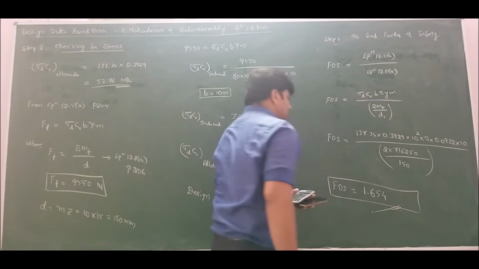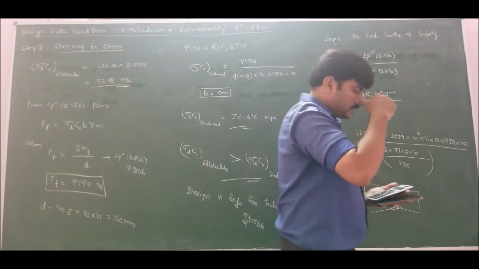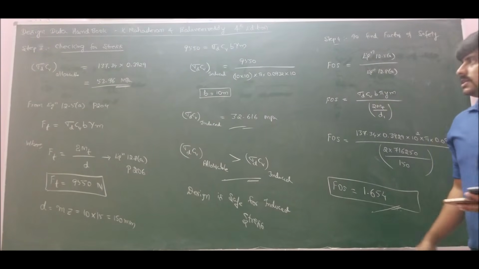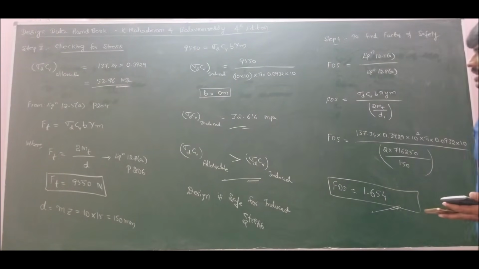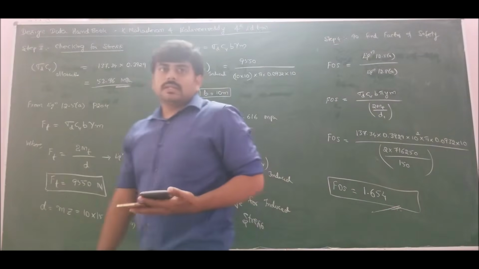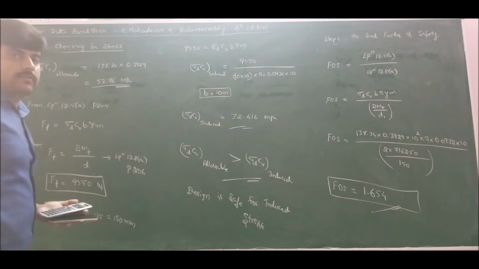So the factor of safety is 1.654 for the given problem. Next, moving on to our step 5.